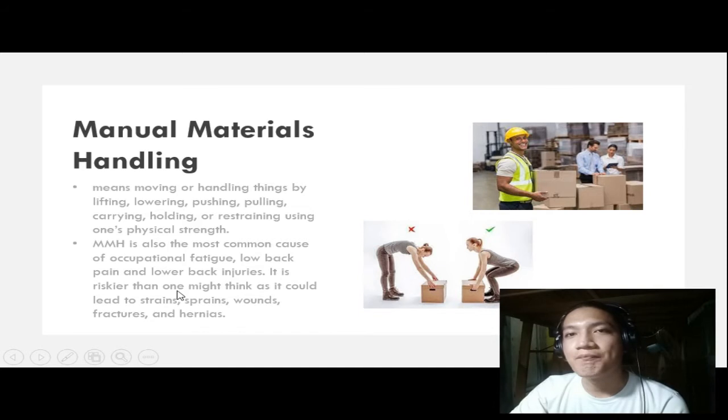It is riskier than one might think as it could lead to strains, sprains, wounds, fractures, and hernias. So that is the most common injury you can get in an occupation. Here, the picture shows the correct and the wrong positions when lifting.